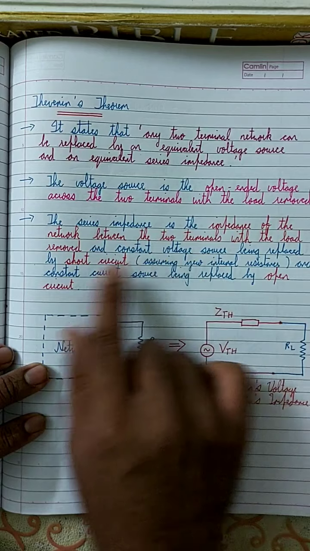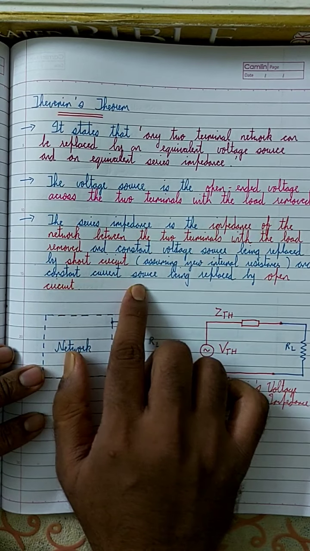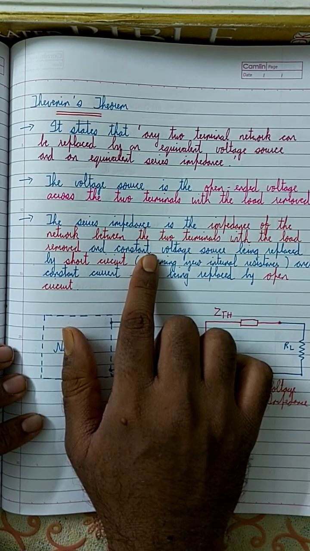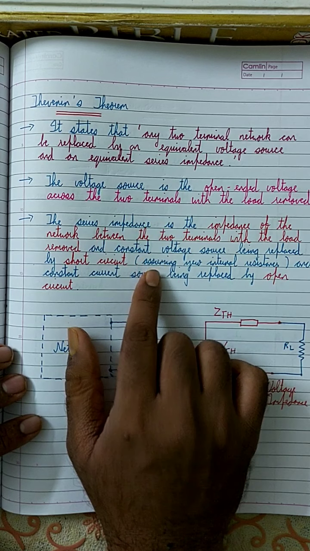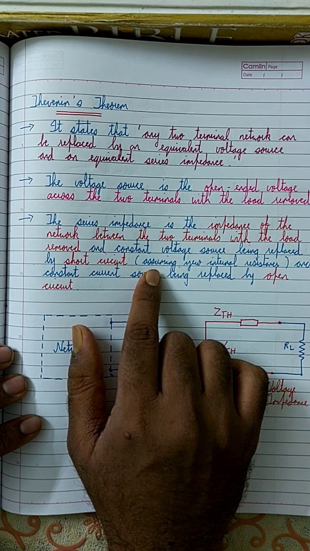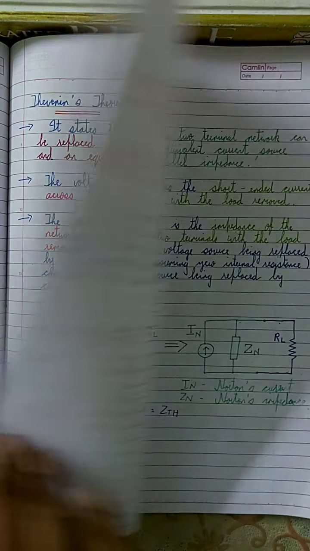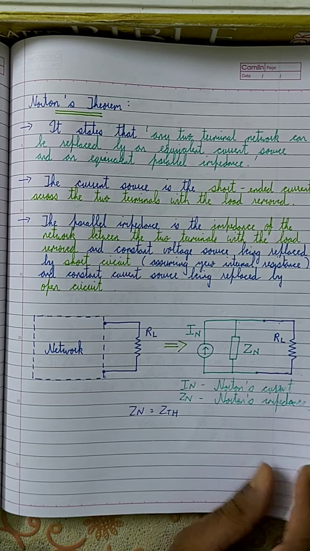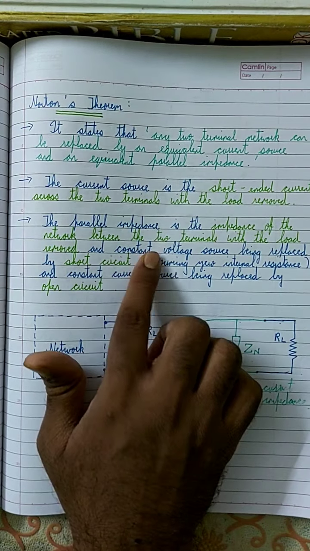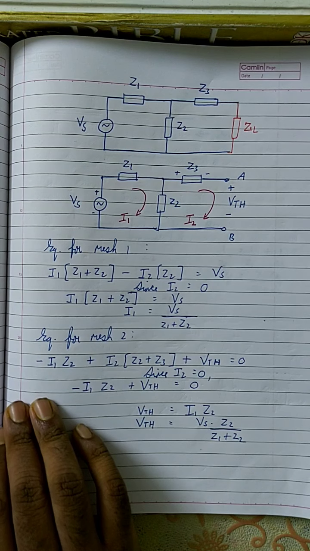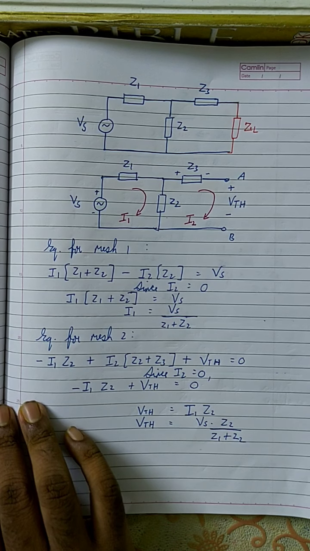Constant voltage source is replaced by short circuit and constant current source is replaced by open circuit, which means you can only apply this technique if that voltage source is constant, that is independent, not dependent. You cannot apply this formula on a dependent voltage source. If there is a dependent source, you can neither short it nor open it.